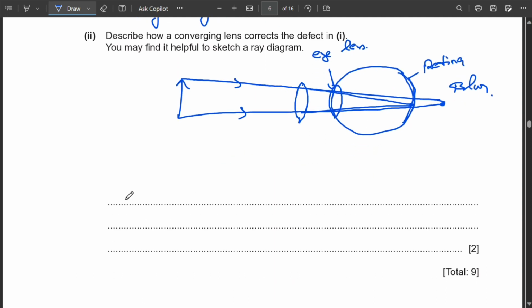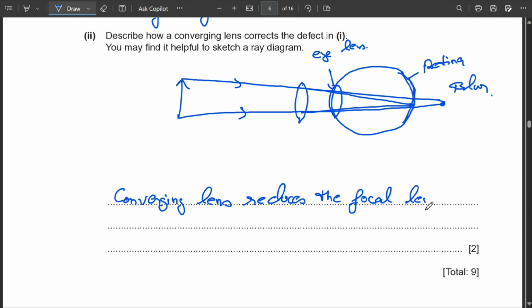So what you will write is that the converging lens reduces the focal length. As you can see in the first case, the eye lens has a very large focal length, which is actually a defect. That's why we use a converging lens.